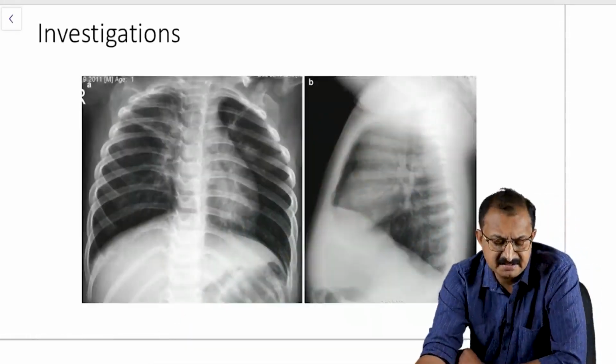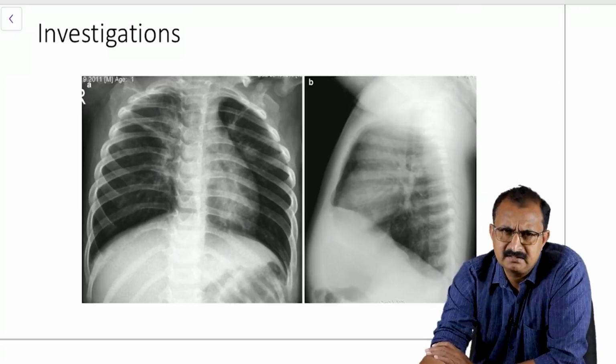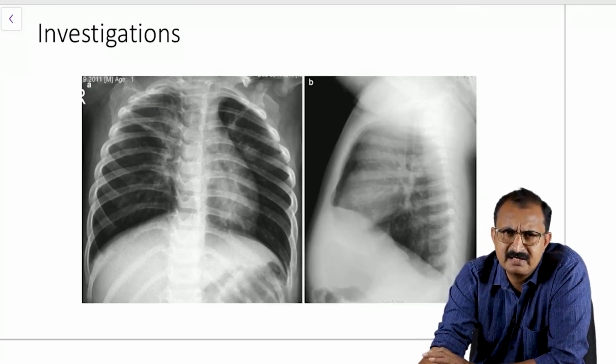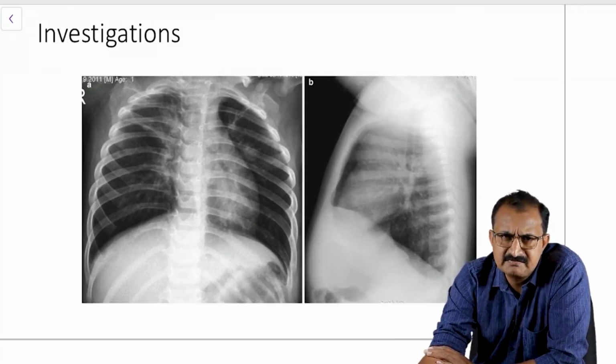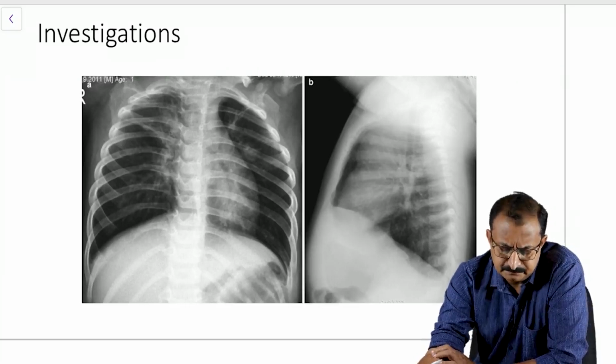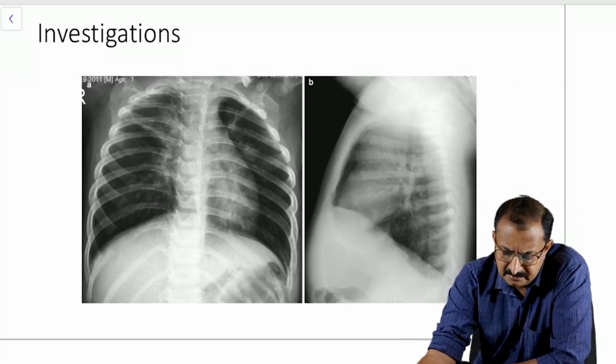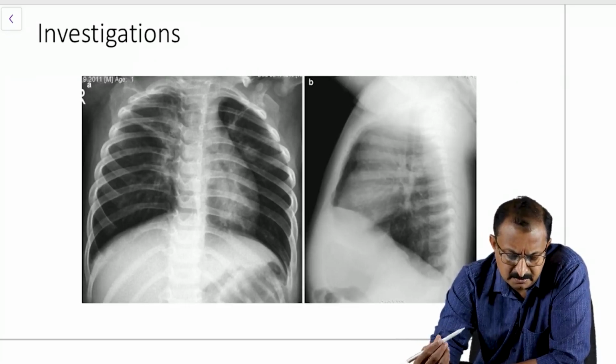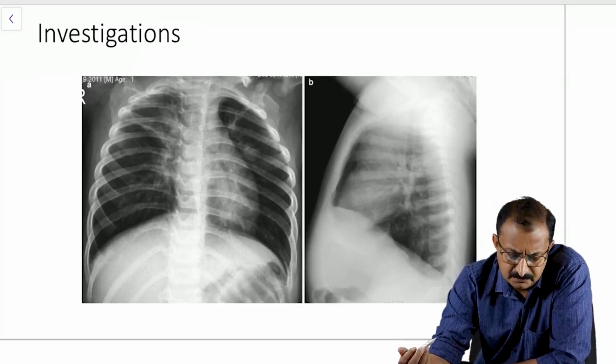Investigations, as mentioned in the initial part, to make the diagnosis of bronchiolitis, no investigations are needed. But since we have some of the differential diagnosis like foreign body and all, you have to take an X-ray chest. In this X-ray, there is both the AP view and lateral view.